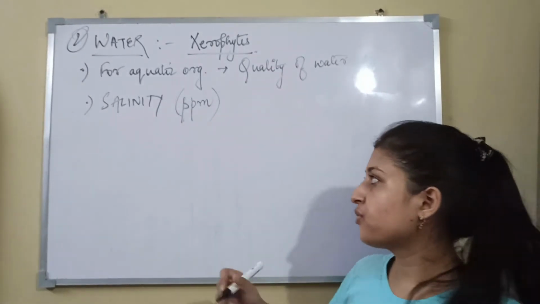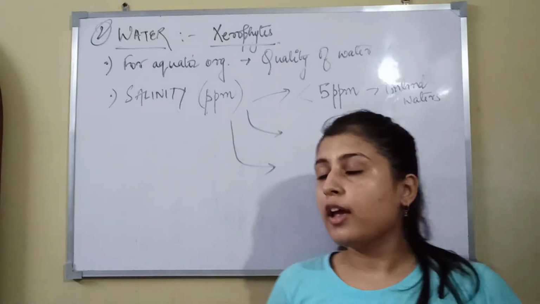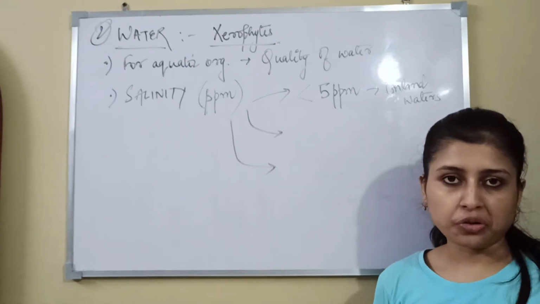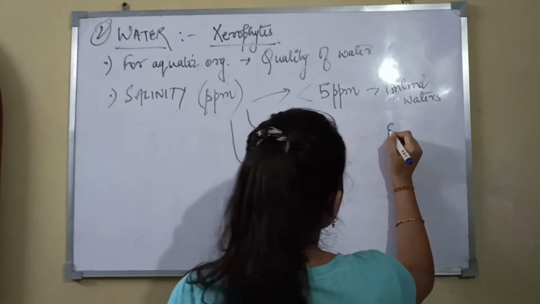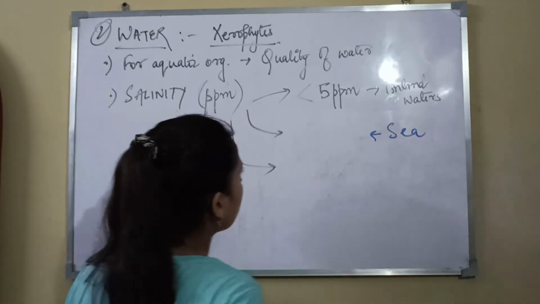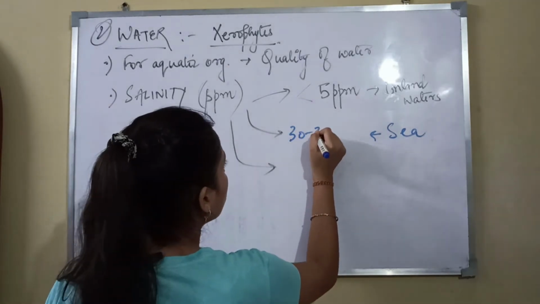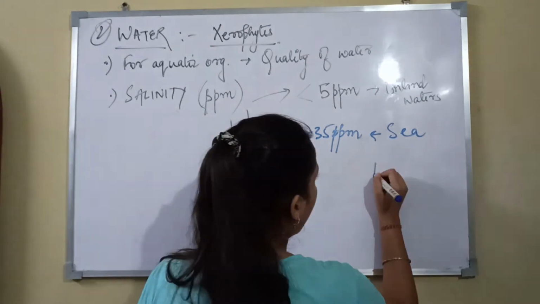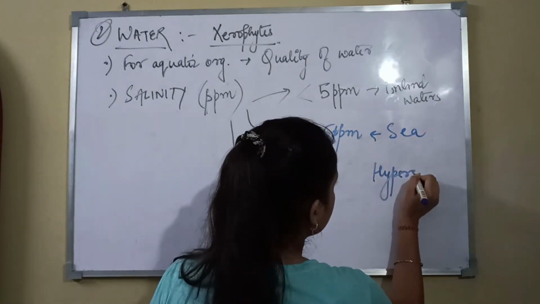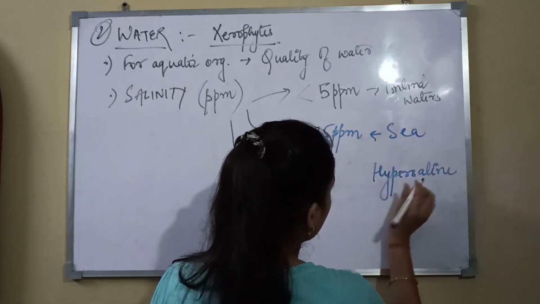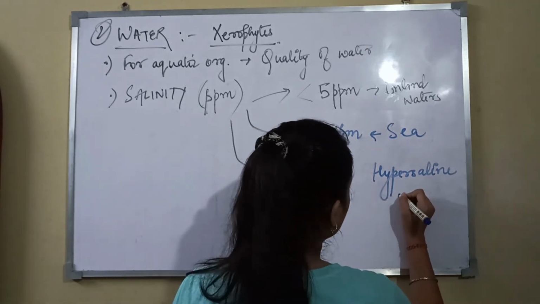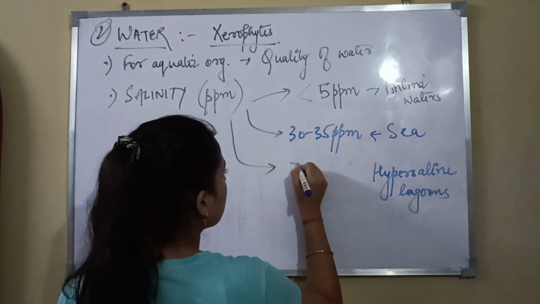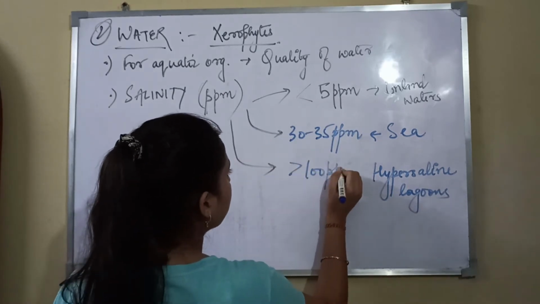So you have 3 examples. If it is less than 5 ppm, then it is inland waters. In case of sea conditions, the salinity range varies from 30 to 35 ppm. And in case of hypersaline lagoons, the name itself suggests high salt condition, so you will have salinity of more than 100 ppm.